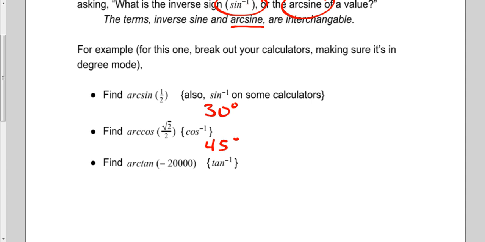Can we divide by 0? No. So this is negative 89.9 repeating degrees. It's really close to 90 degrees, but I know there's no such thing as the tangent of 90 degrees.